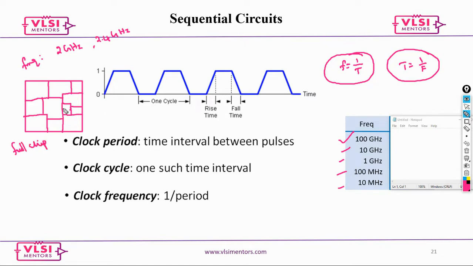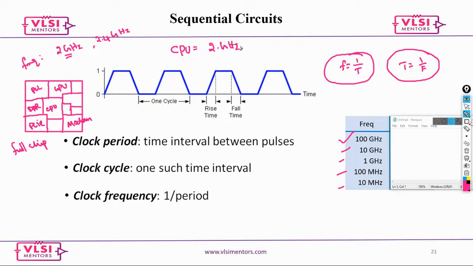Now when I say frequency, assume this is your CPU. Say this is your PLL, this is your GPU, this is your DDR, this is your PCIe, this is your modem, etc. Do you really think the whole chip would be operating at 2 gig? The answer is no. Only the CPU portion would be operating at 2 gig.